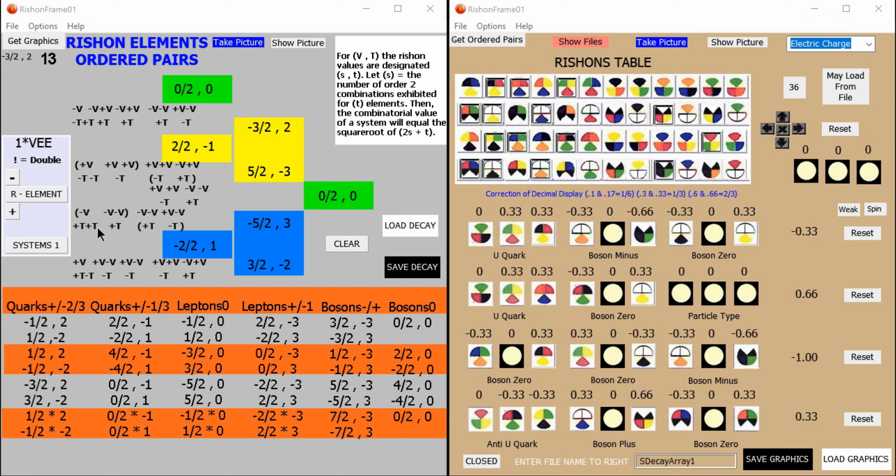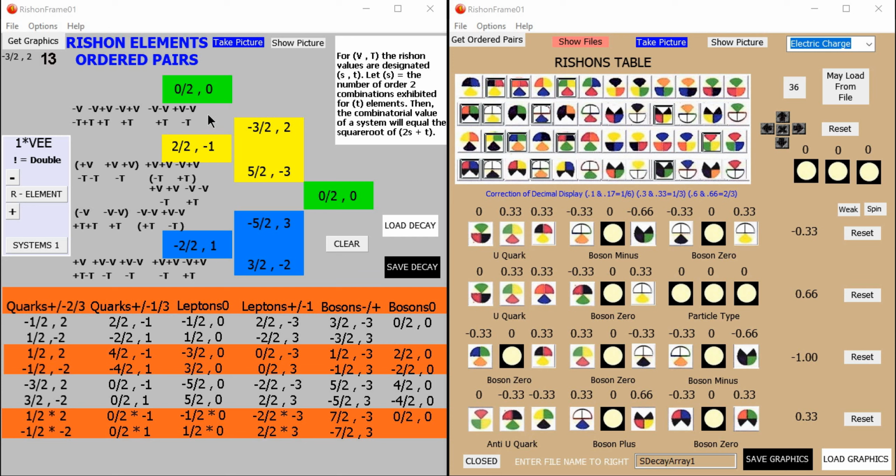So now, let's see if the S quark emits a boson W minus, which as an ordered pair is S equals 5/2, T equals -3, then that will leave a U quark.